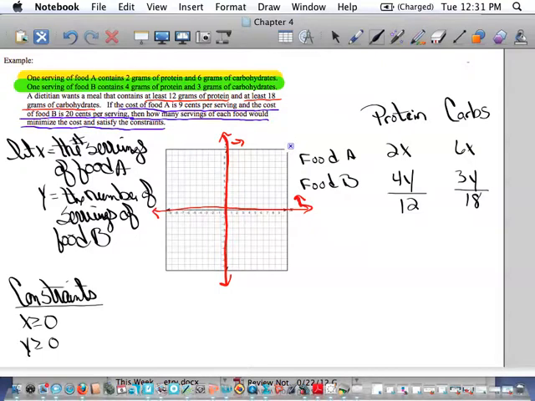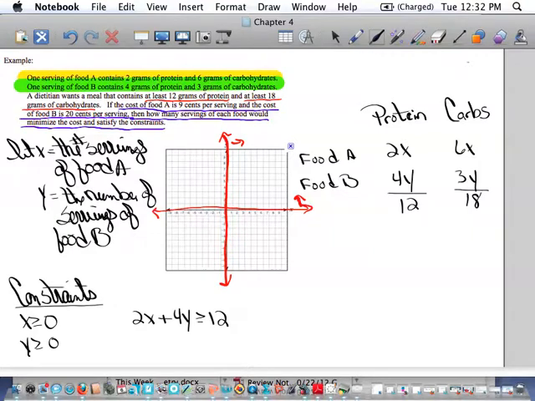So now this one says at least. So my first equation is going to be 2x, the number of grams of protein times the servings of food A, plus 4y, the number of grams per serving times the number of servings, has to be greater than or equal to 12.